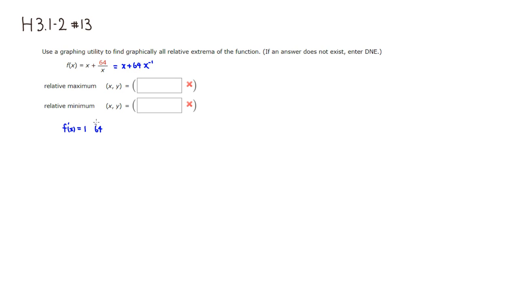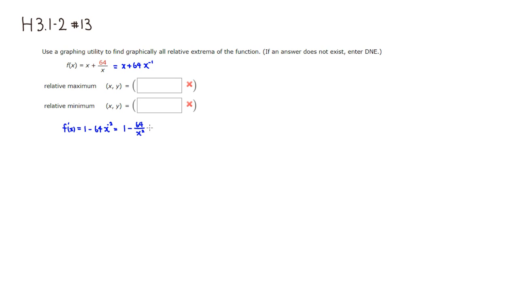Put negative 1 in front, x, and subtract 1 from the power, so it's negative 2. I'm going to rewrite it as 1 minus 64 times x to the negative 2. A negative power puts x on the bottom, so it's squared.